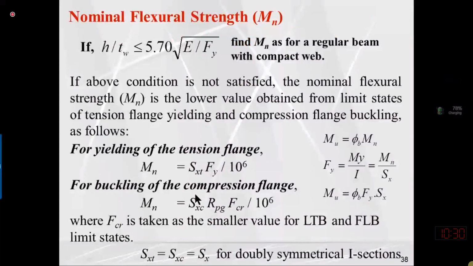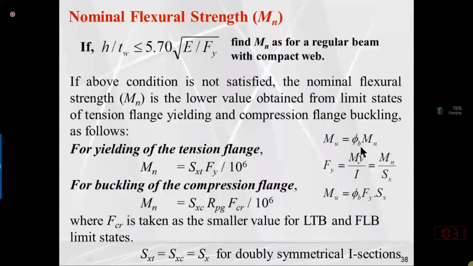Once we have decided the web and the flange size, the next check is that we need to validate the capacity, or verify the moment carrying capacity, whether the moment carrying capacity is more than the applied load or not. So moment carrying capacity will be depending upon the tension flange. So the moment carrying capacity formula is this one.